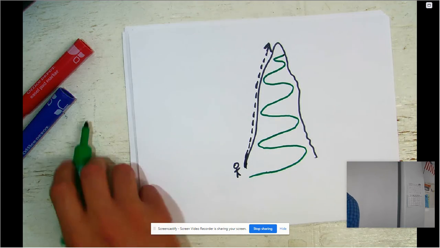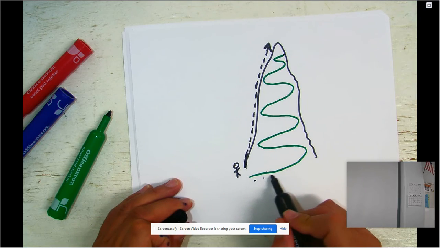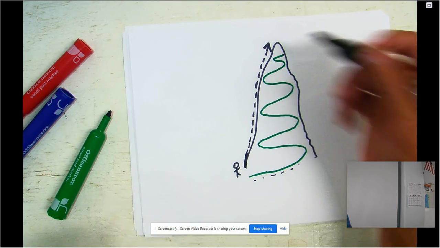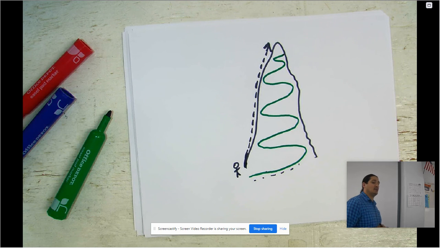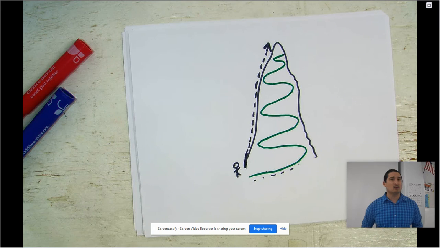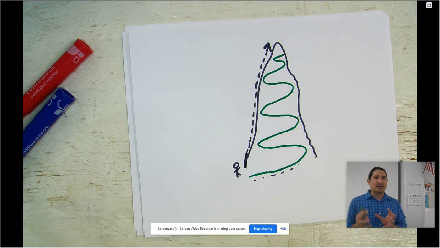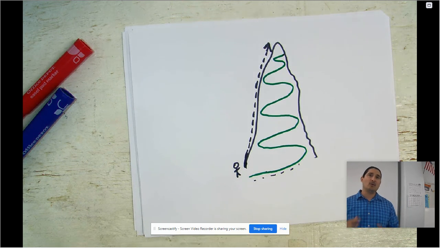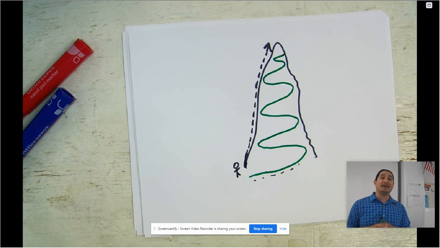Now, if we followed this trail, right, all the way up to the top, did we change how much work we do? No, because we're still having to do the same amount of work. Something happened. What happened? We had to increase the distance. So the force that we felt that we had to apply, the force decreased, but the distance had to increase.